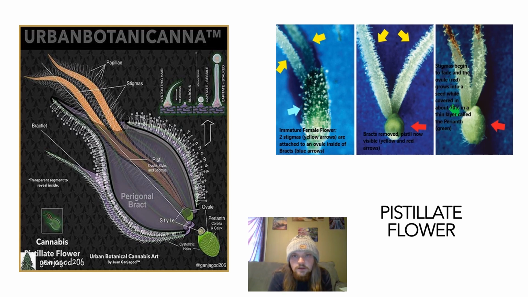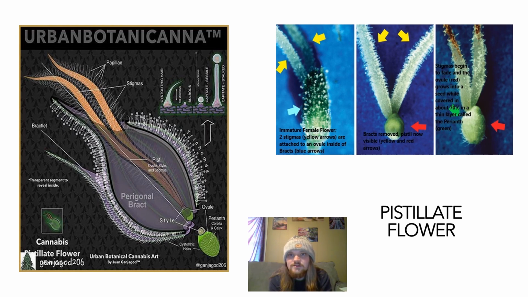On the photo above me, the first picture is showing an immature female flower with two stigmas, which are the yellow arrows, and how they're attached to an ovule inside of the bracts, and the blue arrows represent the bracts, which you can see more so on the photo to the left. But in the middle photo, you can see the bracts are removed and the pistils now visible.